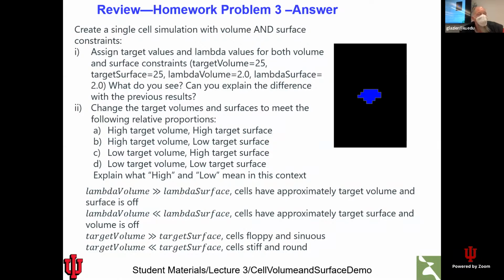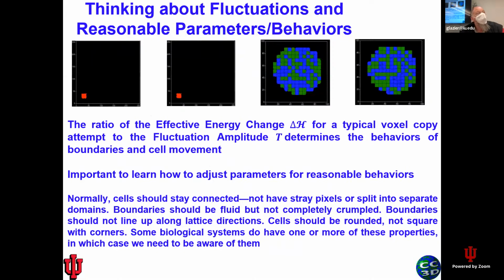If the target volume is very big compared to target surface, the cells are floppy or sinuous, or dust-like if they fall apart. If target volume is much less than target surface, then the cells will be stiff. And I say round, but round in this funny lattice world means square, at least for nearest neighbor surface calculation. If we had longer range surface calculation, then the cells really would be round. So that's a place where it really makes a difference, to Pedro's earlier question.